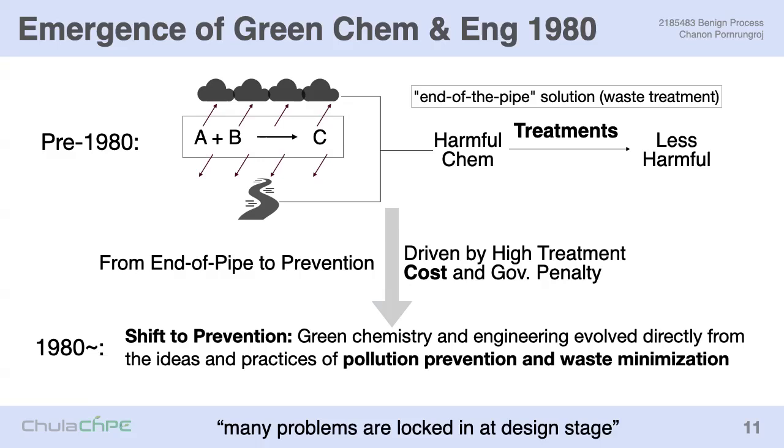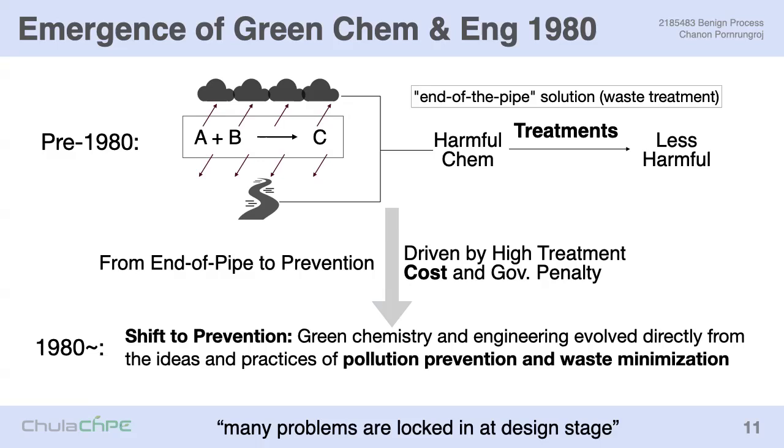But now we have shifted from that, right? We try to shift from treatment to prevention. So the keyword in this slide is the shift between treatment and prevention. Green chemistry and engineering evolved directly from the ideas and practices of pollution prevention and waste minimization.